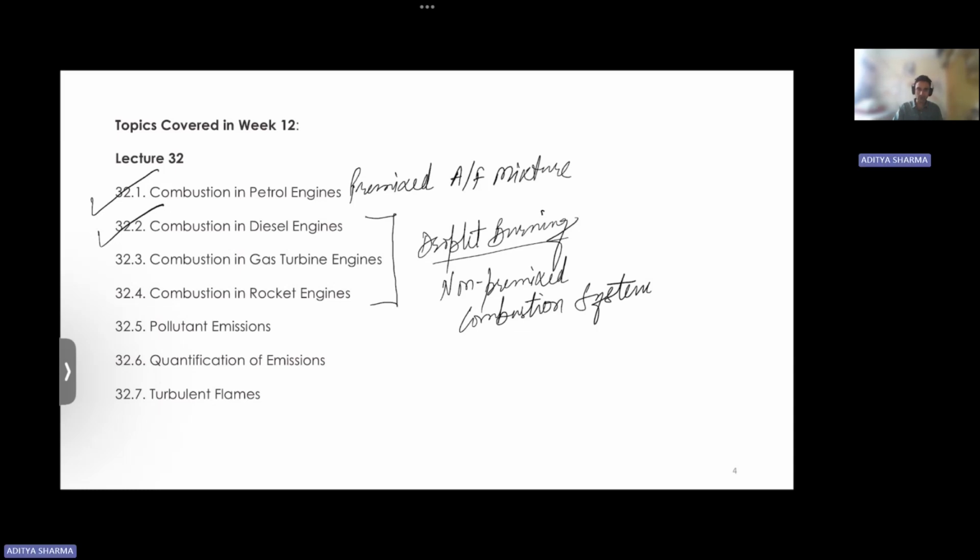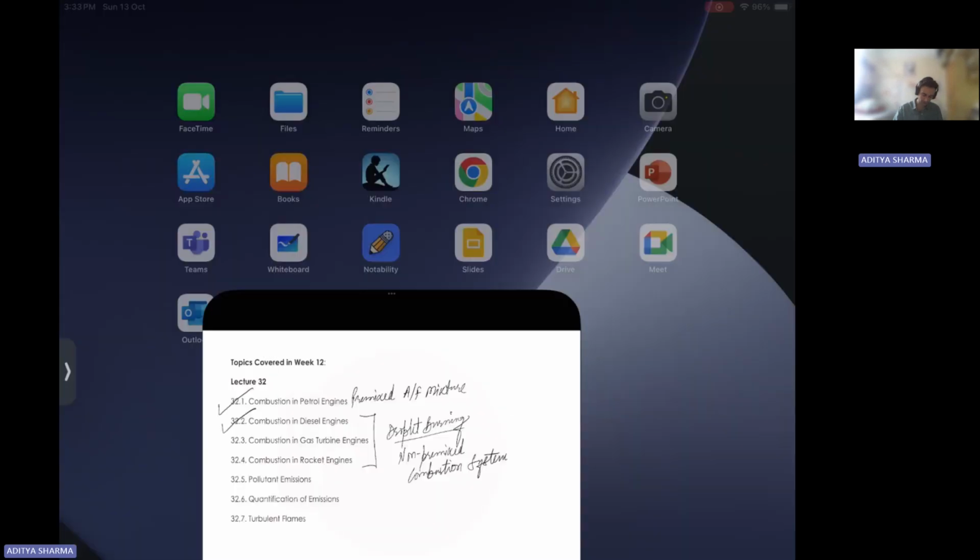Diesel engines primarily have two types.